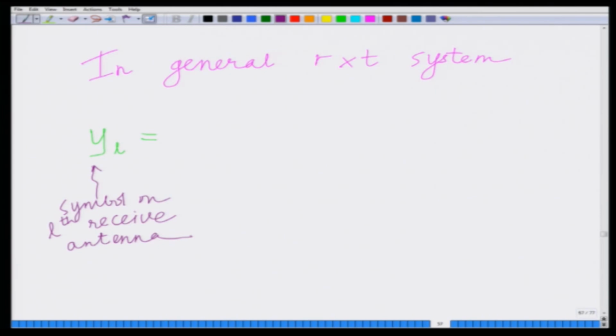I can write this as h of l1 times x1, h of l2 times x2, up to h of lT times xT, plus w of l.